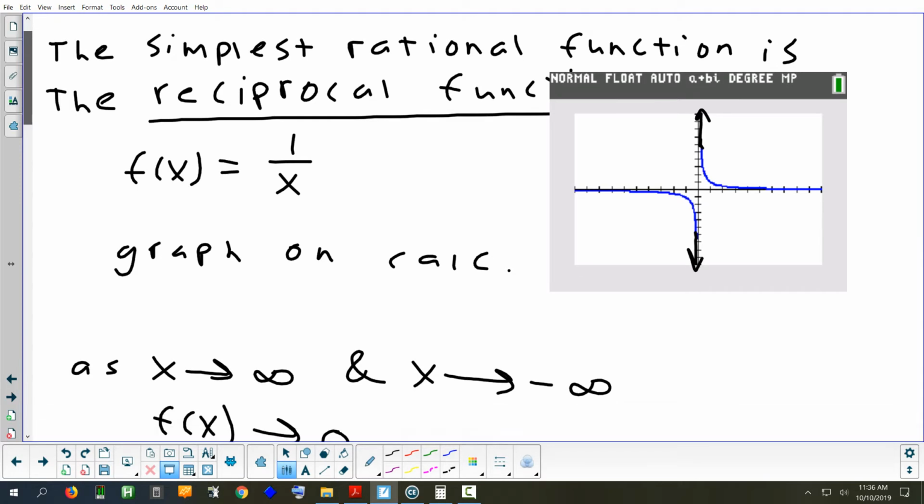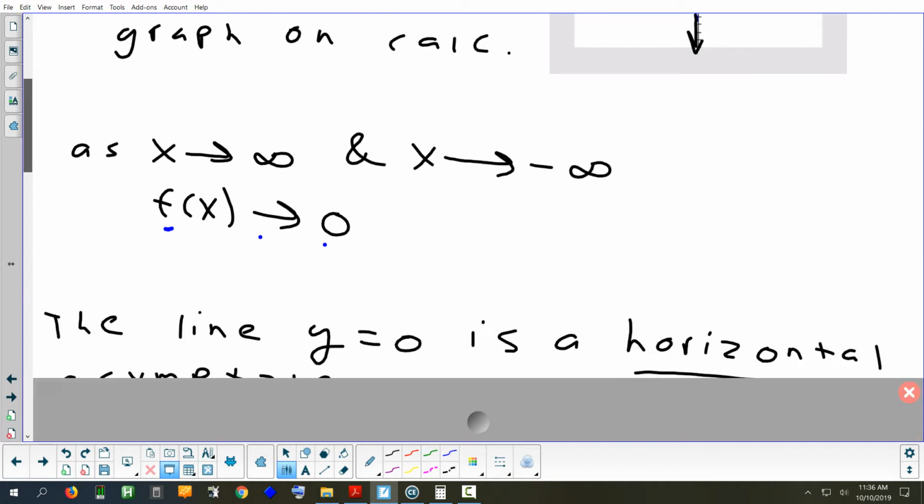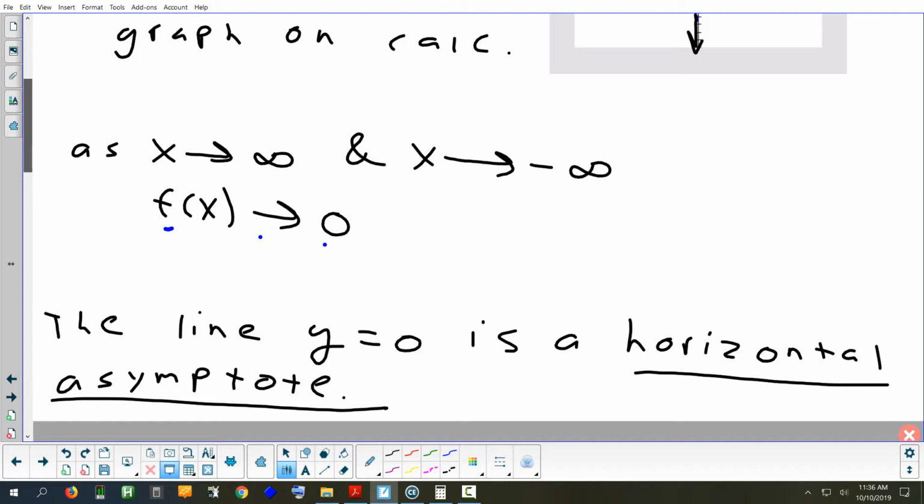But in both cases, the y value is approaching 0. So, if we were to graph the line y equals 0, if we graph y equals the value that we're approaching, what we get is a horizontal asymptote.